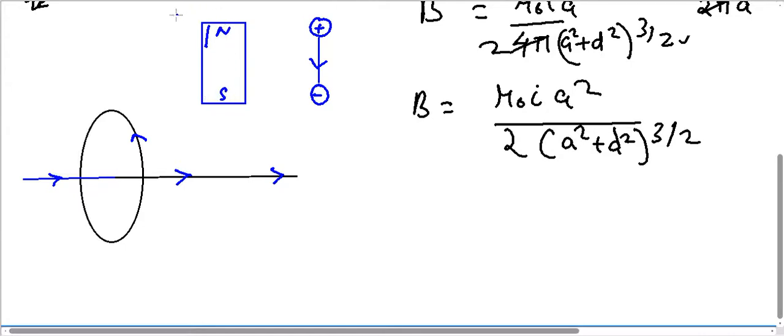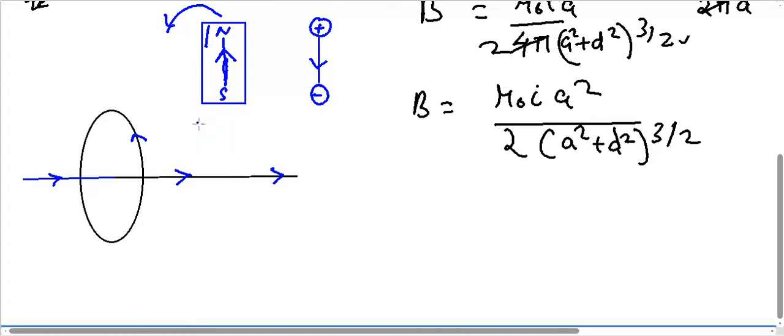Inside the magnet the magnetic field lines will be from south to north, and it will be a straight line. Similarly, along a circular loop, along the axis the magnetic field is a straight line.